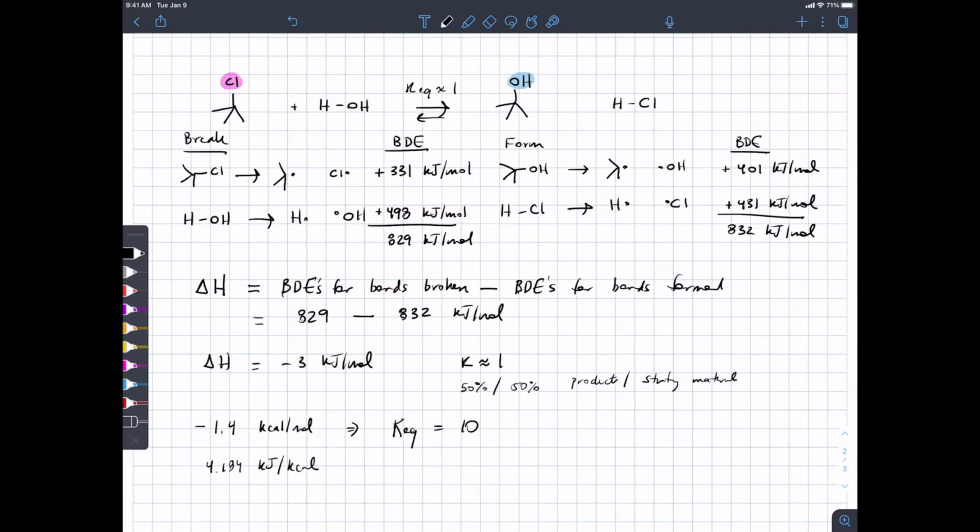Okay, so if you go in the lab to do this, you expect probably not that high yield. You expect it to run until it's about halfway done and then stop, which seems like a terrible thing. And so you might have to do something to isolate your desired product from your starting materials. And that's where we start bringing in practical strategies.